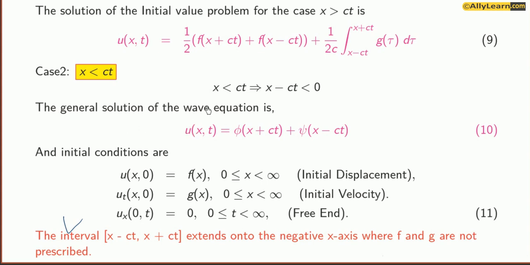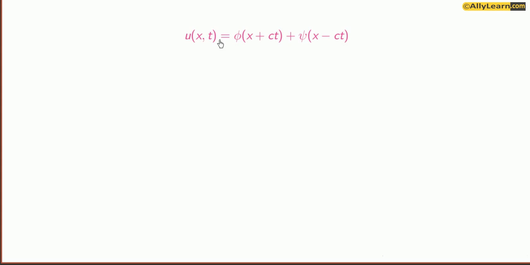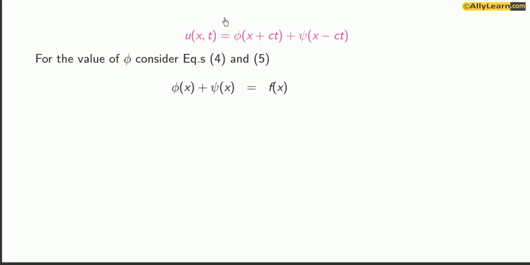So friends, let's first of all obtain the value of phi, in exactly the same way as we obtained in the previous case. This was the general solution, and first of all I will be getting the value of phi, and for that I consider the equations I obtained previously.